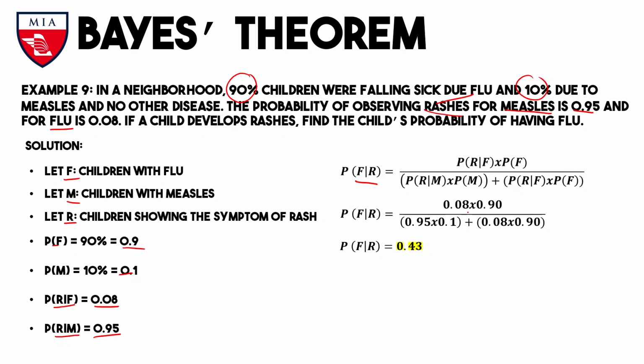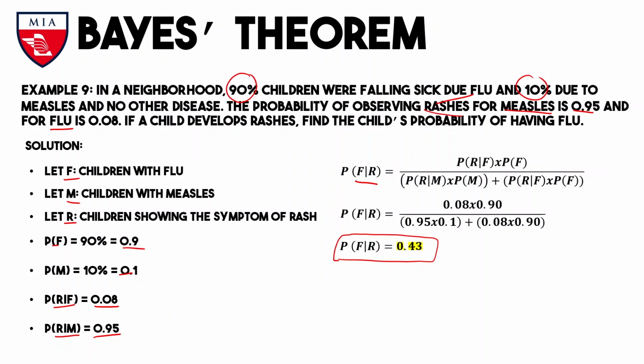We have 0.08 multiplied by 0.9, all over 0.95 multiplied by 0.1 plus 0.08 multiplied by 0.9. So we have this final answer of 0.43. Okay, so that's how we solve a certain problem.